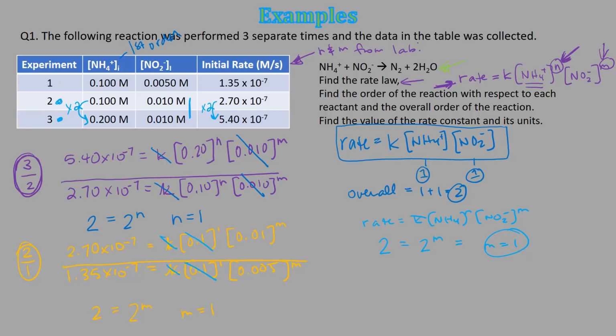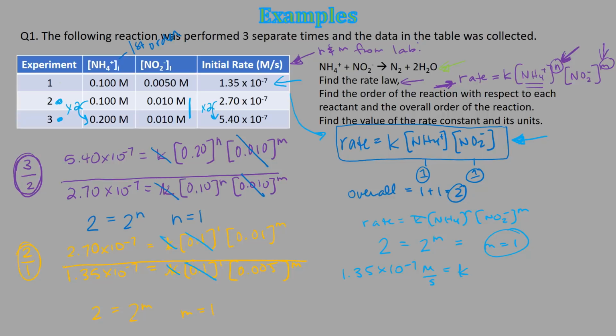All right, so now to find the value of the rate constant and its units, we're going to take one of the experiments. I usually pick the first one, and I'm going to plug it into this rate law, right? So I'm just going to take experiment 1 and plug it right into the rate law. So I've got 1.35 times 10 to the negative 7 molarity per second. It says I need units, so I'm going to start putting units in here.